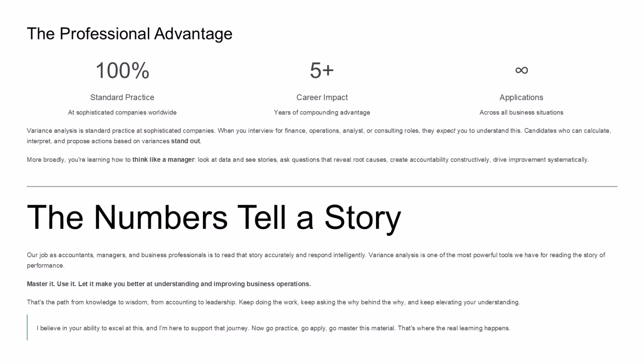But beyond the technical content, I want you to understand the strategic value of what you've learned.